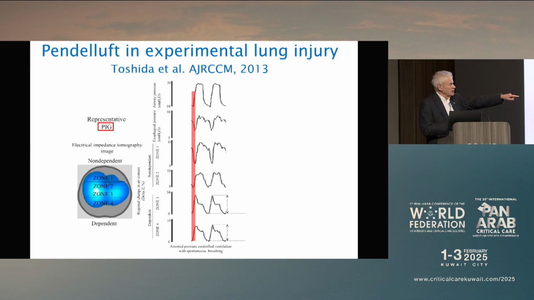If we start with zone 4, when the breath starts, the pig starts to breathe in, and you can see that there's an increase in volume in zone 4. Look, however, in zone 1. In zone 1, when the animal is starting to breathe, there's gas that's decreasing. The volume is decreasing. So gas is flowing from the non-dependent regions to the dependent regions during this breath.